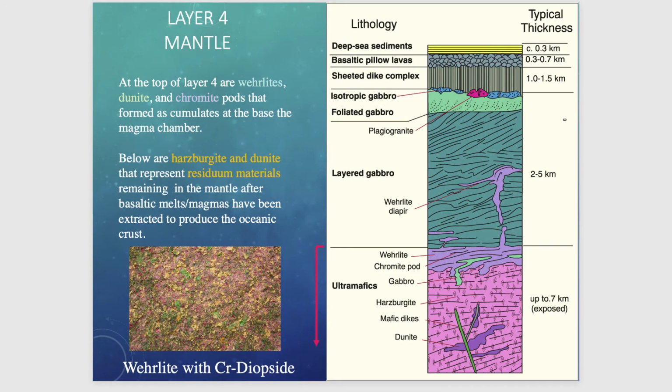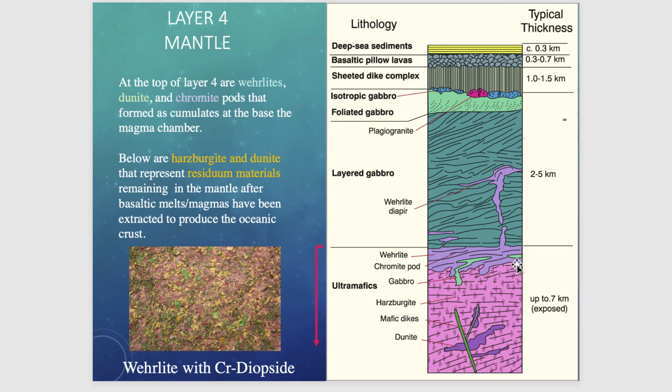So this is a summary of the layer 4, which is representative of the mantle, and I guess the contact really with the mantle and oceanic crust. So upper mantle and oceanic crust pretty much are in contact at this location, petrologically speaking.